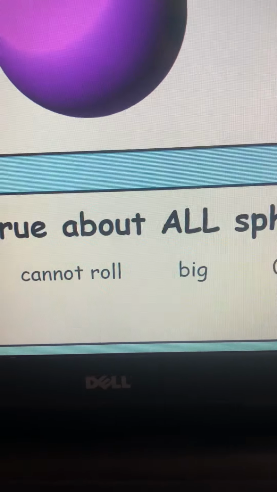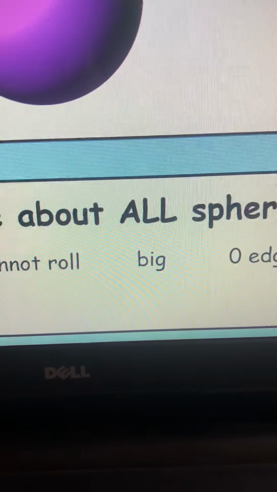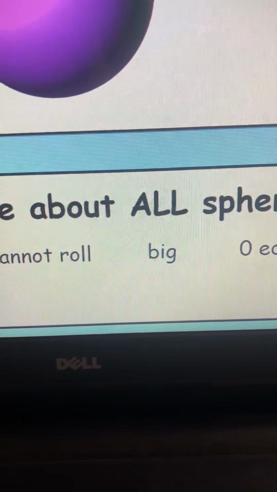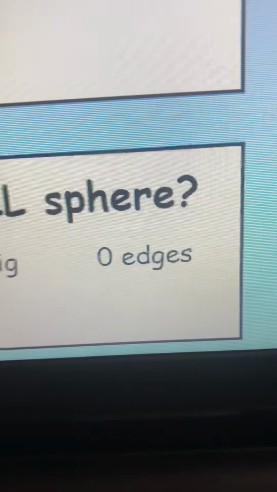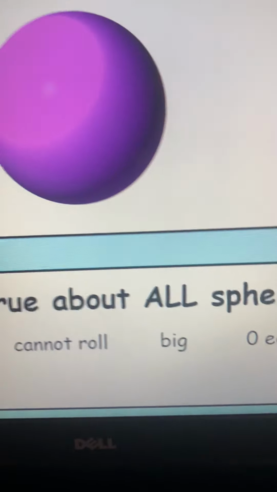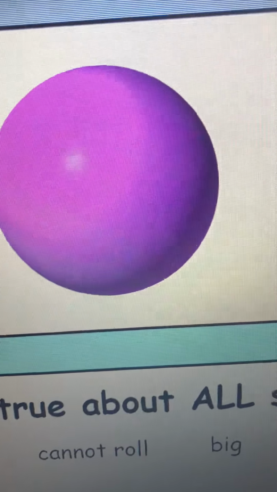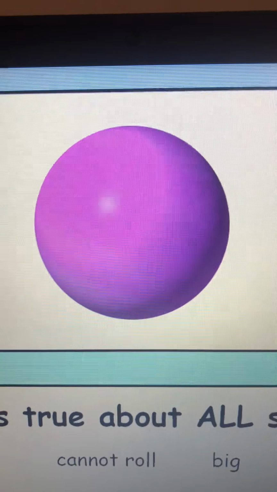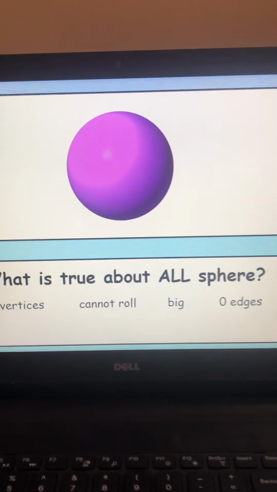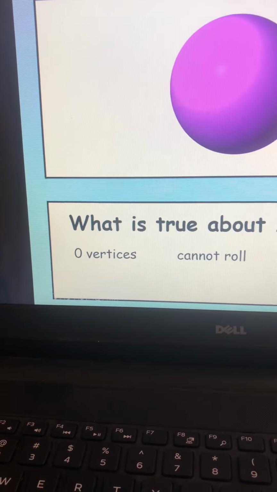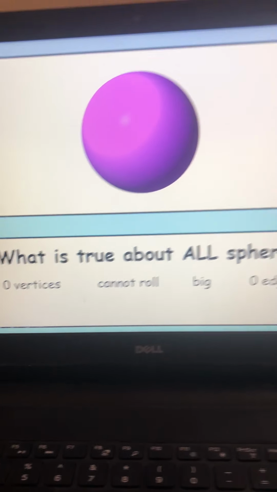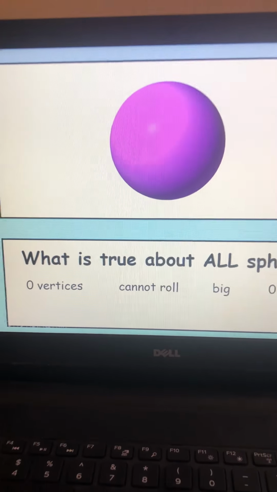A sphere can roll. Big. Well, baseballs are small, basketballs are big. So no, they don't have to all be big. And 0 edges. Remember, the edge is where the two surfaces meet, like right here. Well, a ball does not have any edges because there's no vertices, no edges. So the two correct answers are that it is 0 vertices and 0 edges.